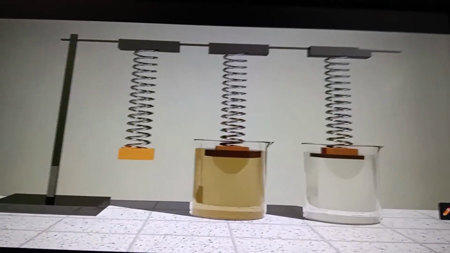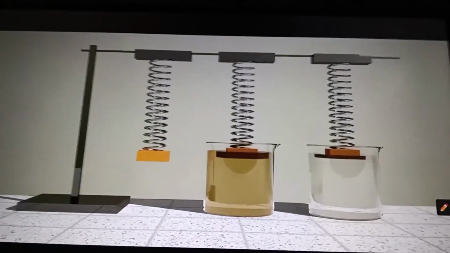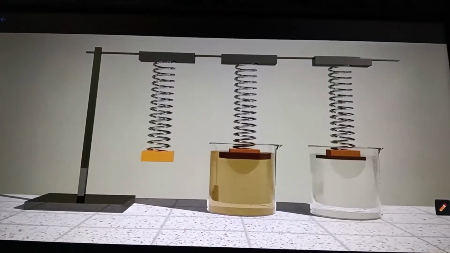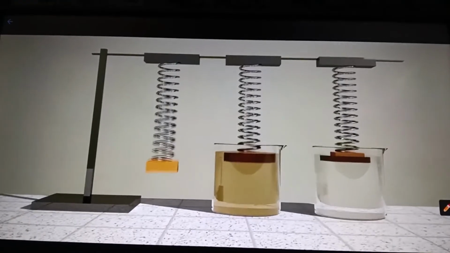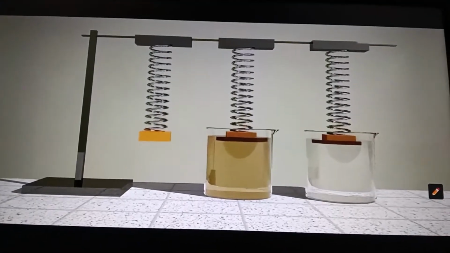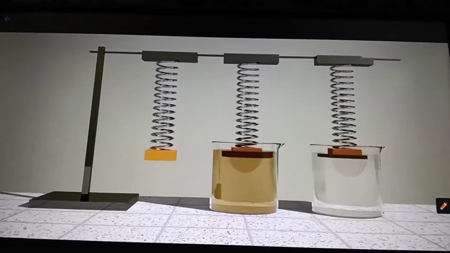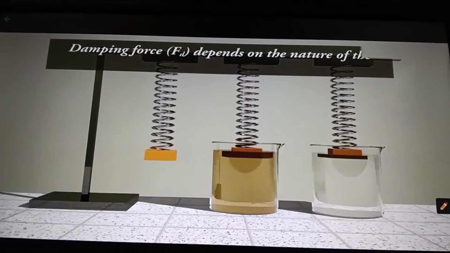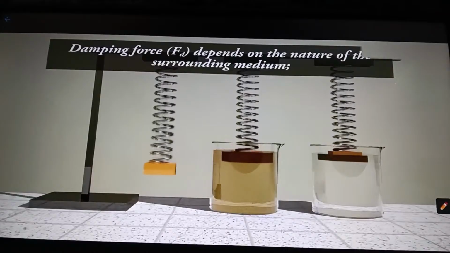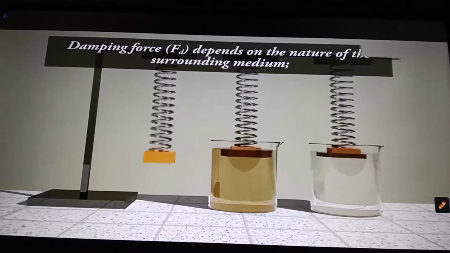Some very important points regarding damped simple harmonic motion are that in damped simple harmonic motion, the energy of the system is dissipated. That is, the damped simple harmonic system constantly loses energy. Damping force Fd, which damps the oscillatory motion, depends on the nature of the surrounding medium.